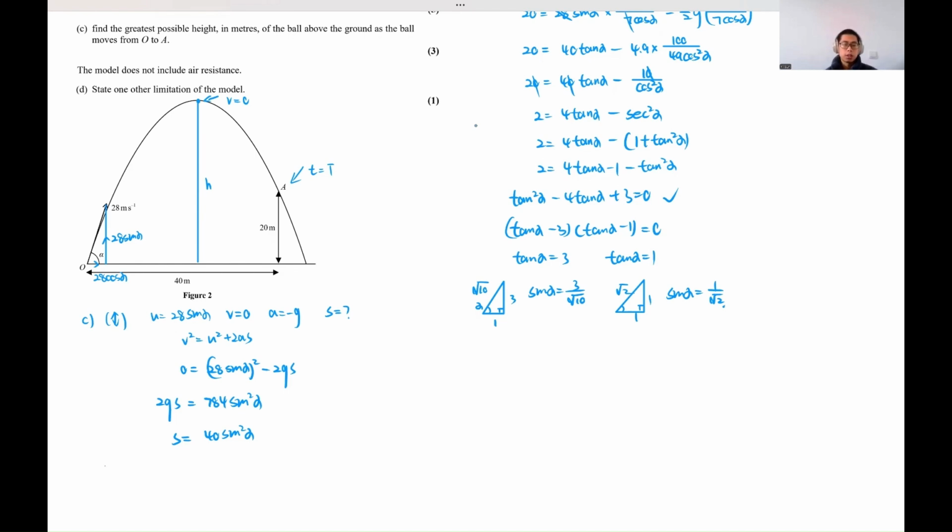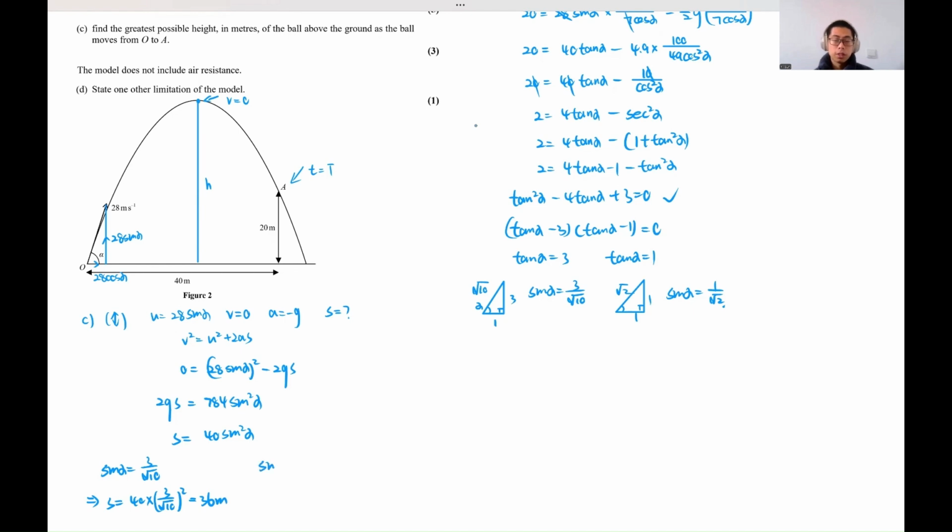So if sine alpha is equal to 3 over root 10, then s is equal to 40 times 3 over root 10 squared. Put it in the calculator, 40 times 3 over root 10 squared, that would just equal 36 meters.